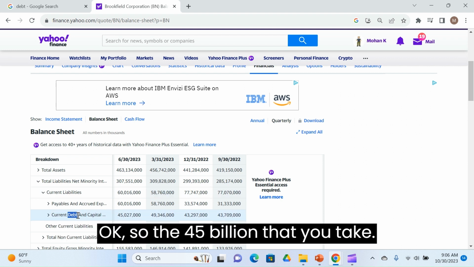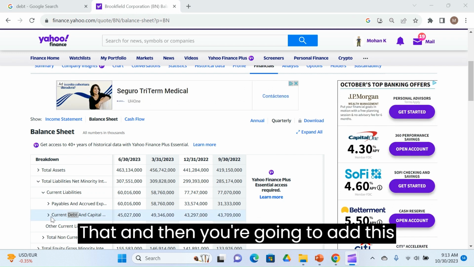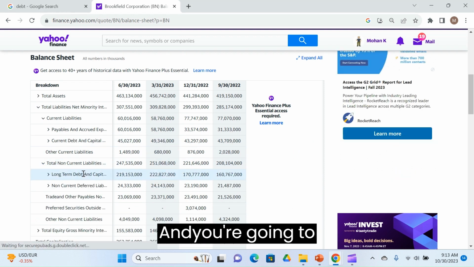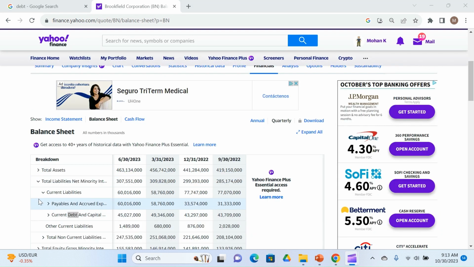Okay, so that 45 billion that you take, and then you are going to add this total long term debt of 219 billion. You are going to add up those two terms that have debt attached to them in the description there.